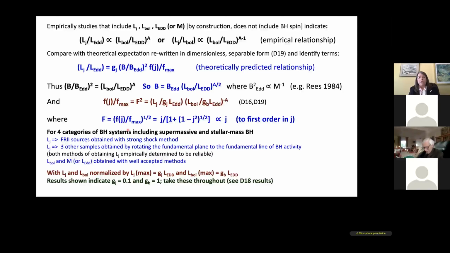When I do show you the results for the spin, the square root of the spin function, capital F, which goes as J to first power in first order in J, when I convert capital F, which is what is obtained empirically, to J, J is constrained to be less than or equal to 1 because of this term 1 minus J squared. So any value of F determined to be greater than 1 empirically will be mapped to a spin of 1.